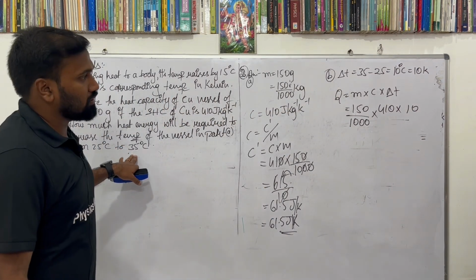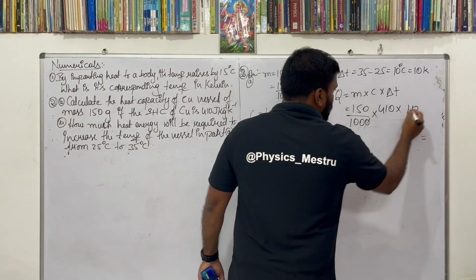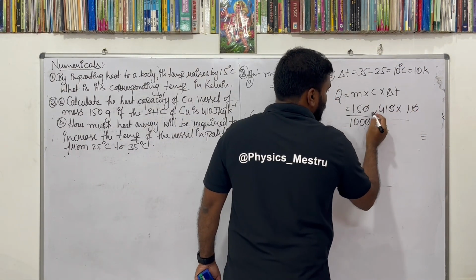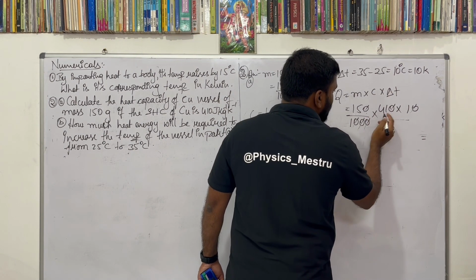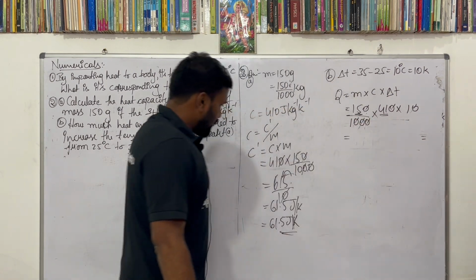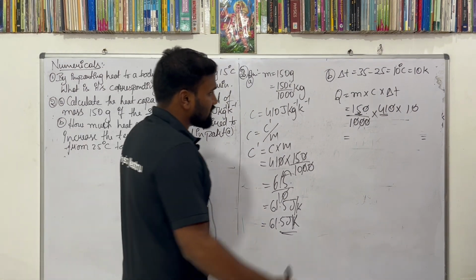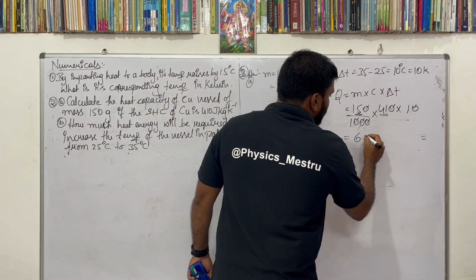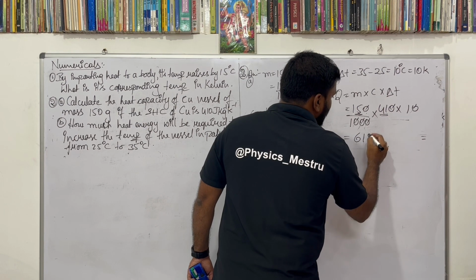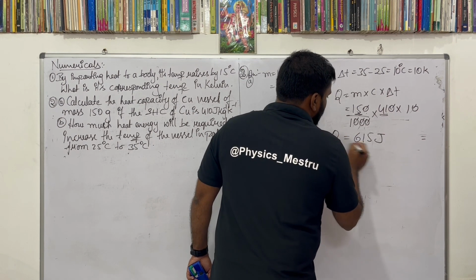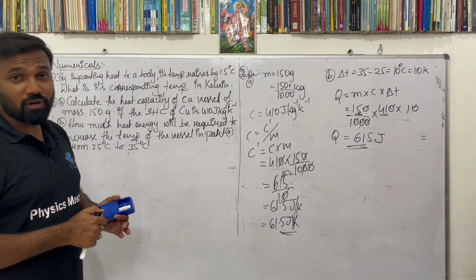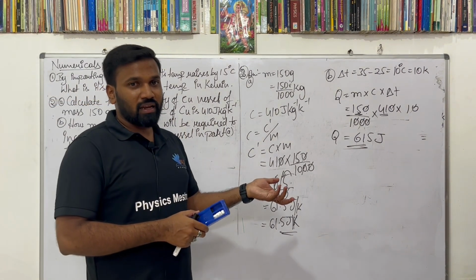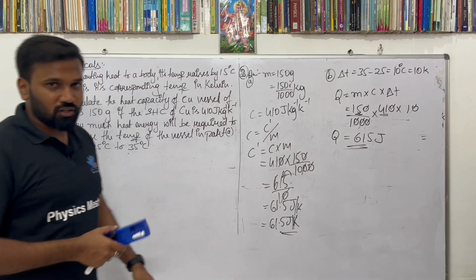Yes, fine. So now 3 zeros will get cancelled here, and here also 3 zeros will get cancelled. 41 into 15, we already calculated, that is 615. So the heat energy that is required to raise its temperature from 25 degrees to 35 degrees is 615 joules.